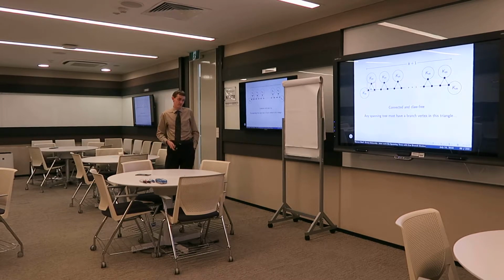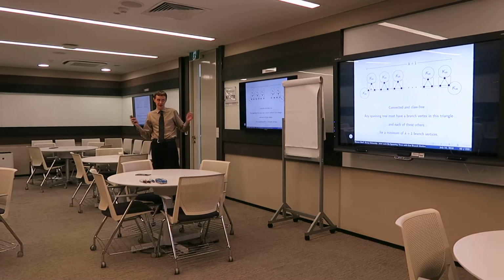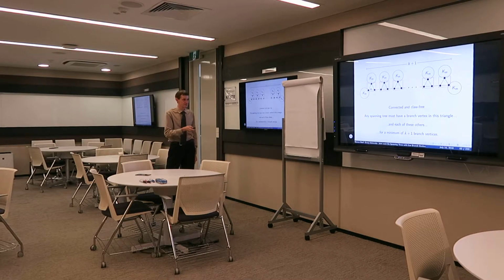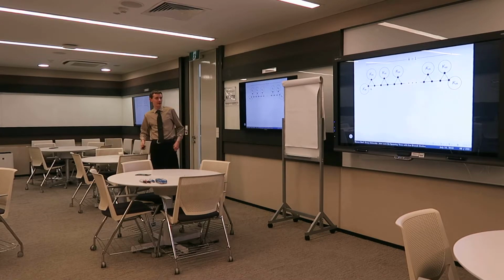So any spanning tree for this has to have a branch vertex somewhere in that triangle, and the same is true for all of these other triangles. Because there are k plus 1 of those, you cannot find a spanning tree with only k branch vertices in this structure. So that takes care of that.